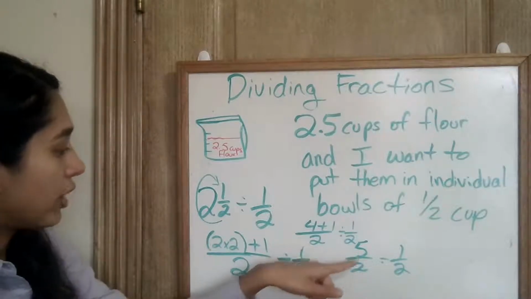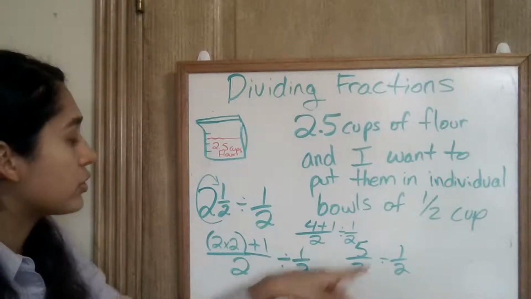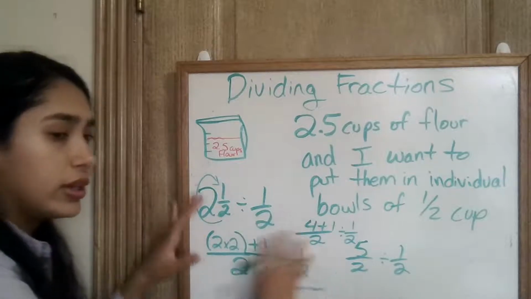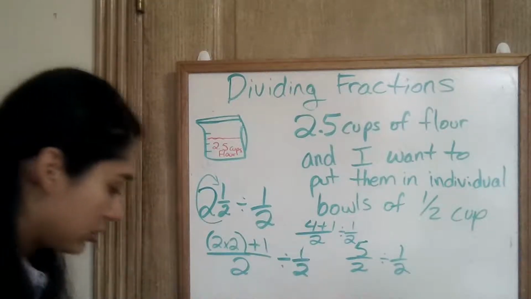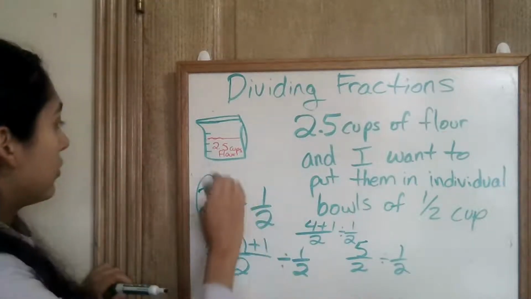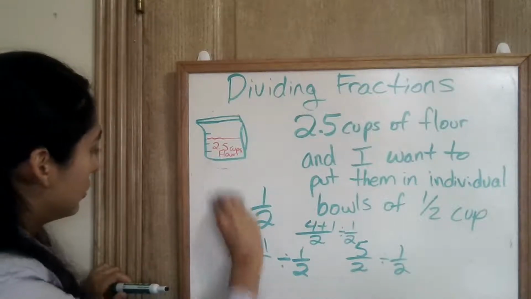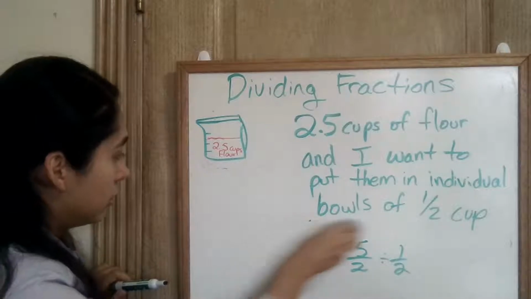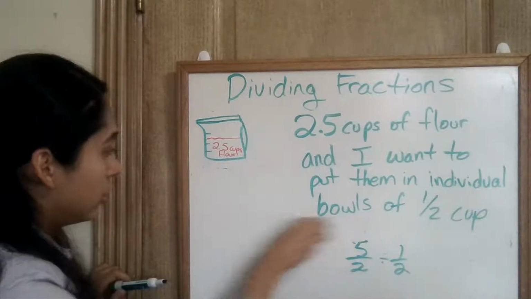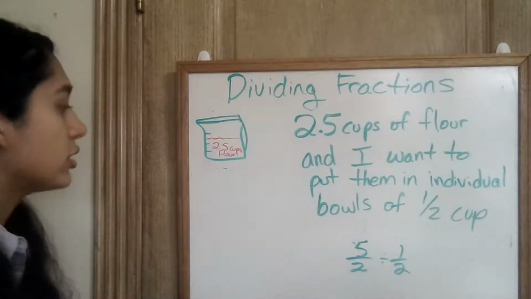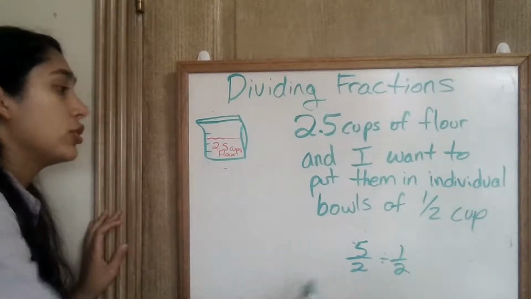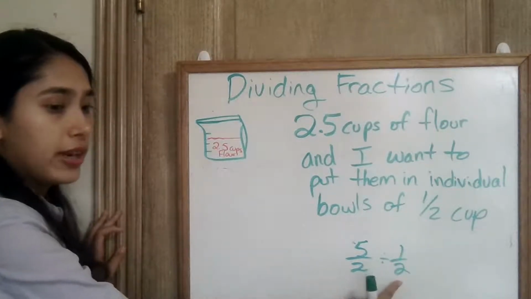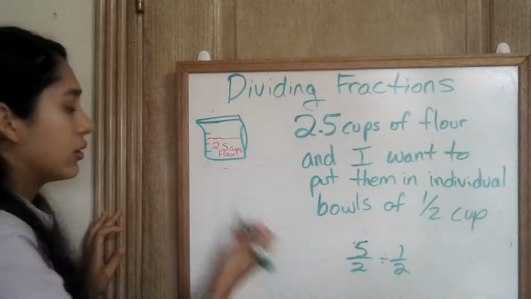So we know it's 5 over 2 divided by 1/2. I'm going to go ahead and erase to make up more space. So it's still division. So what we're going to do is we're going to flip this number right here. We're going to invert it.